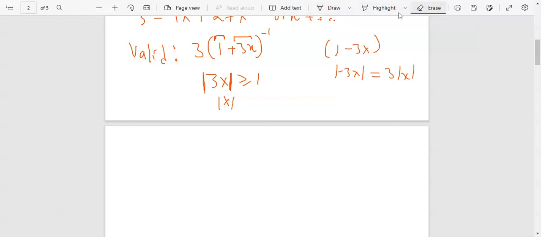Actually, this sign, pardon me, it's not supposed to be greater than, but always less than. Okay, always less than, not greater than or equal to. Yes, go on.